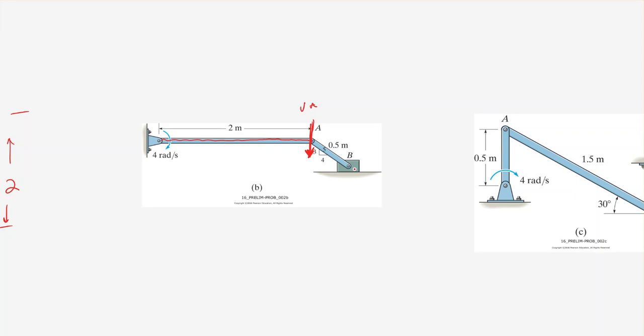And then they tell you, if this is spinning down like this, it drags down, it pushes down on A, and as A pushes down, B is going to slide this way, right? Okay? So if B slides this way, this would be some value for velocity B.